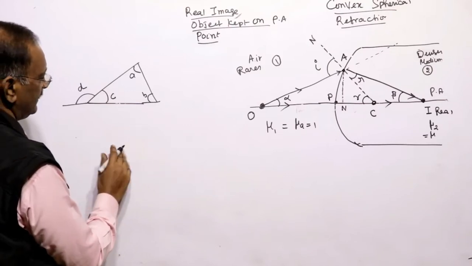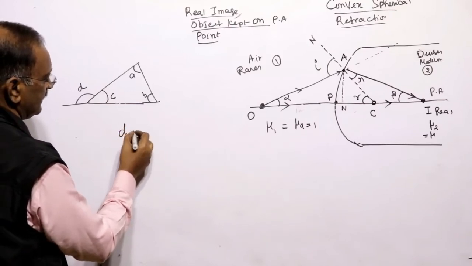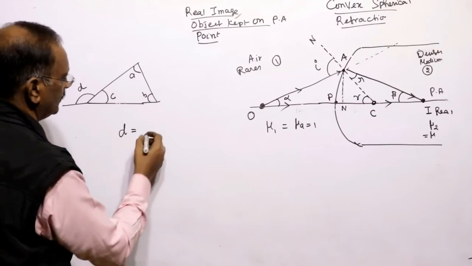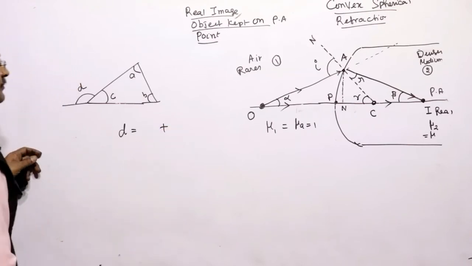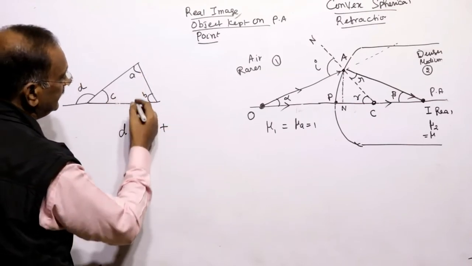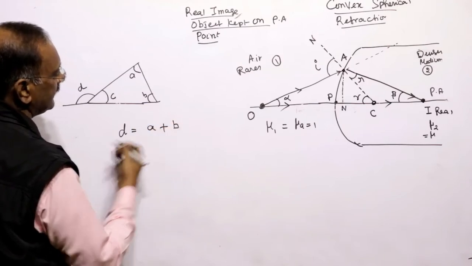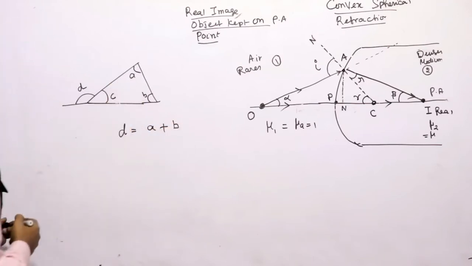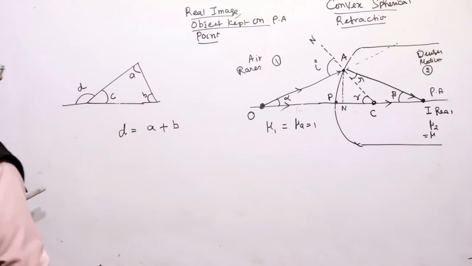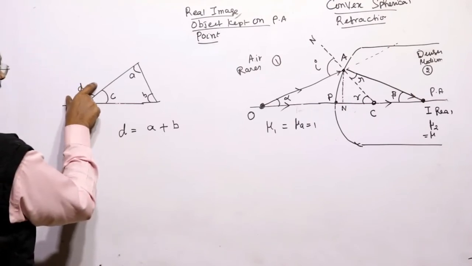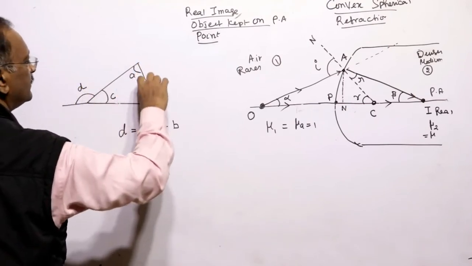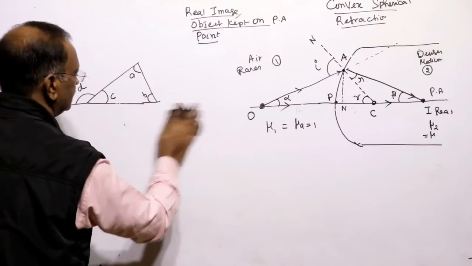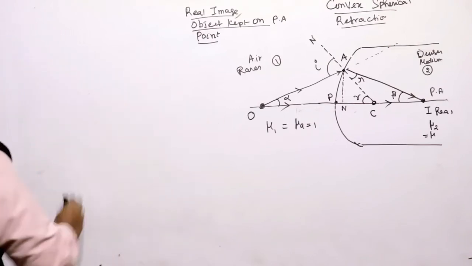In 9th standard mathematics you studied the external angle in a triangle is equal to the sum of the opposite interior angles, not this angle, these two angles, right? So the exterior angle is equal to the sum of the opposite interior angles. That funda we are going to use here.